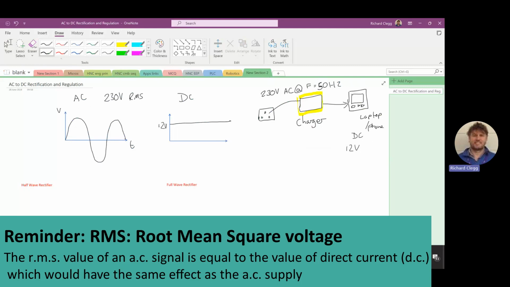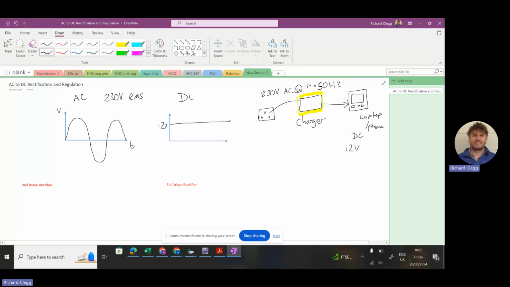This was covered in a previous video helper. In terms of the peak here, this will not be 230 volts, it will be another value, and we can calculate that. That V peak value is the VRMS multiplied by √2.